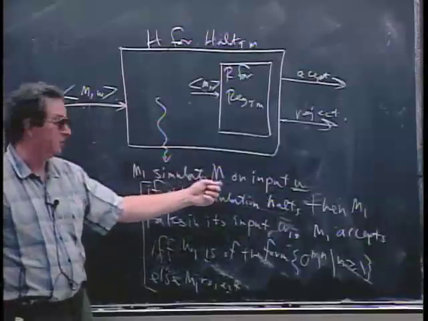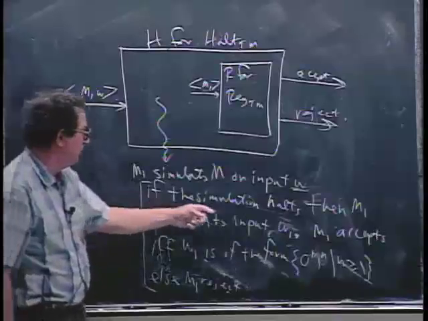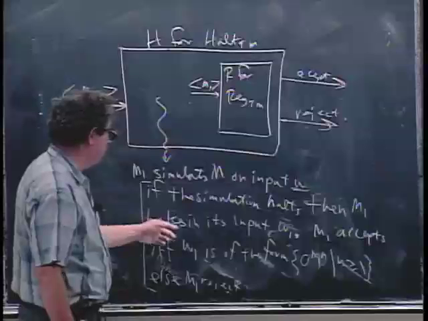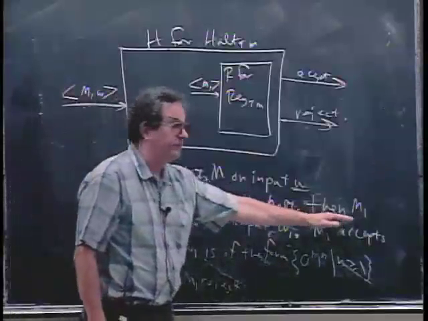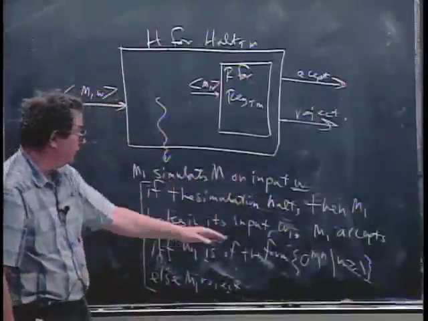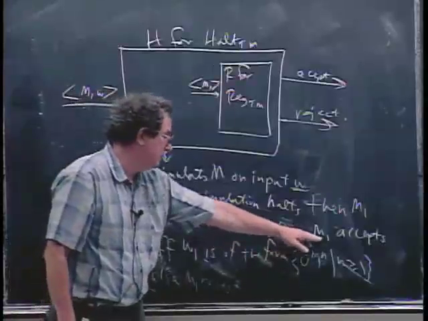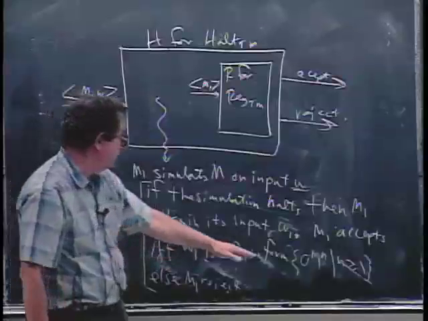That's the universal Turing machine, and we know what it means to halt. If it halts, then M1 would finally look at its actual input, W1, and it would accept if and only if W1 is of that form.